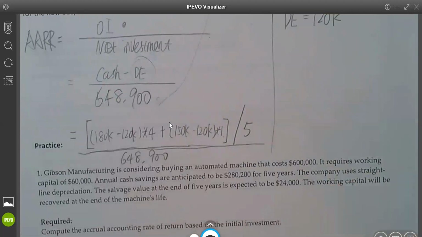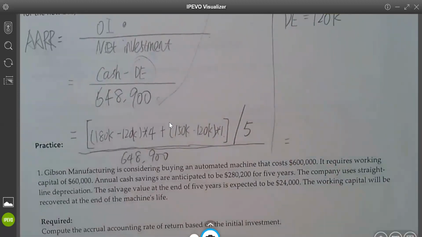I don't have a calculator here. If you have a calculator, do me a favor, tell me what's your number. Let me check my answer quickly with you. Sorry, I should have my calculator here.